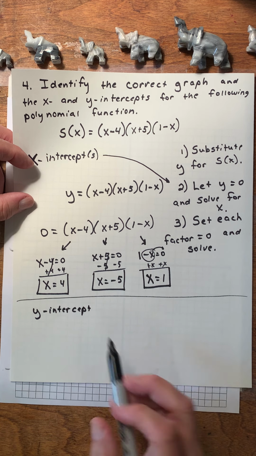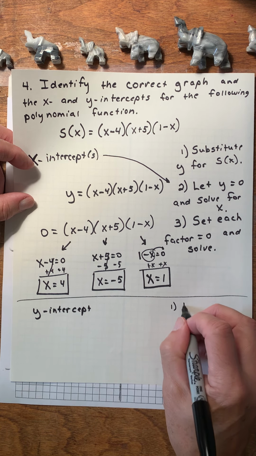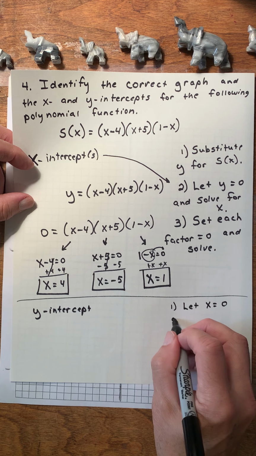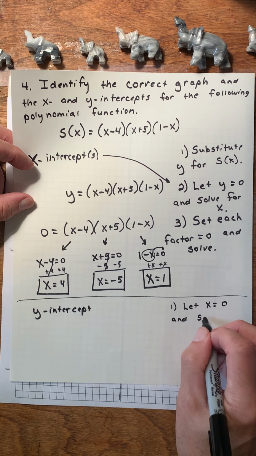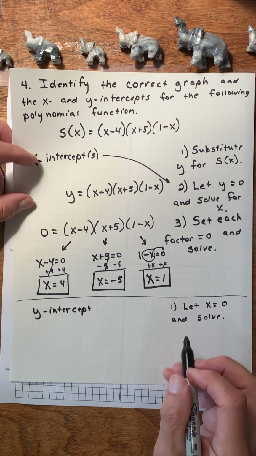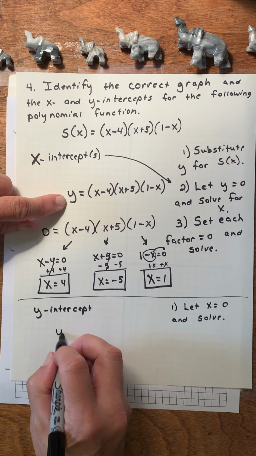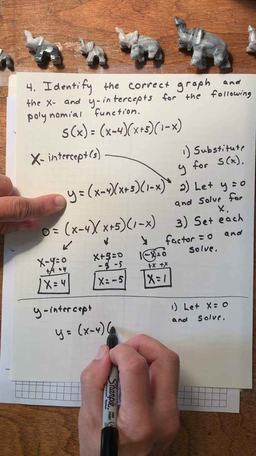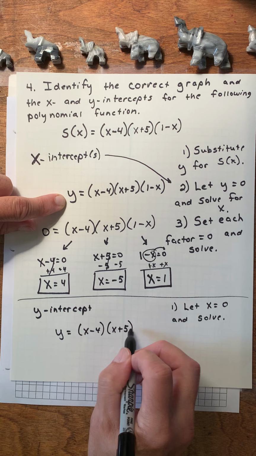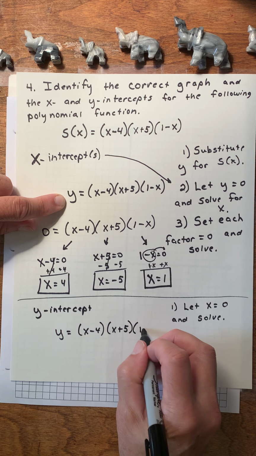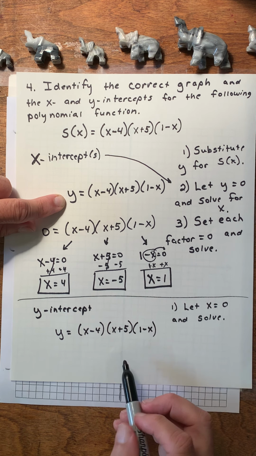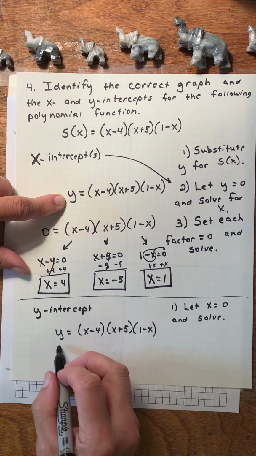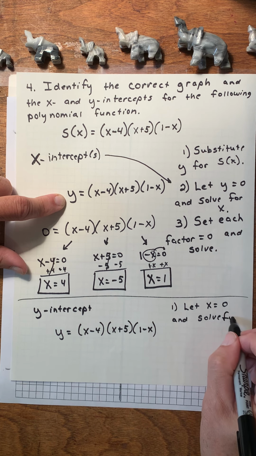And there's only going to be one y-intercept on a function, otherwise it wouldn't be a function. So how do I find a y-intercept? Well, that's easy. Let x equal 0 and solve. So in the place of y equals, it's very nice that they factored this for us, isn't it? So everywhere there is an x, I'm going to put a 0 and solve for y.